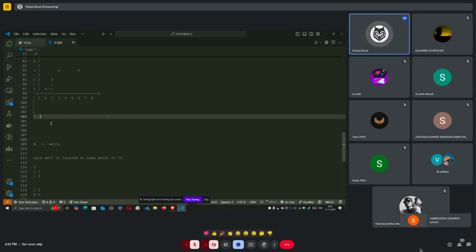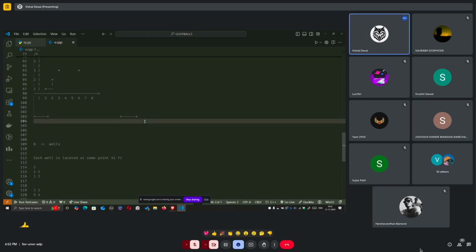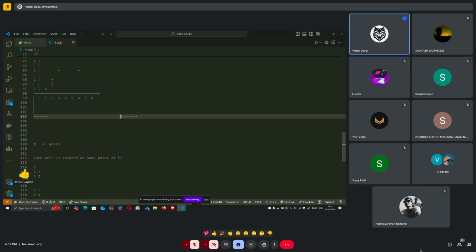For every second, this will grow, and similarly for that same second, this will also grow. So they are trying to reach each other, right? If they are trying to reach each other, then the distance will be half, right?